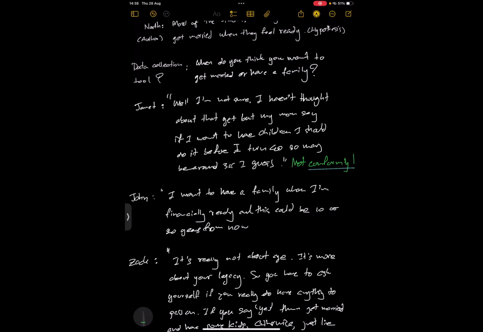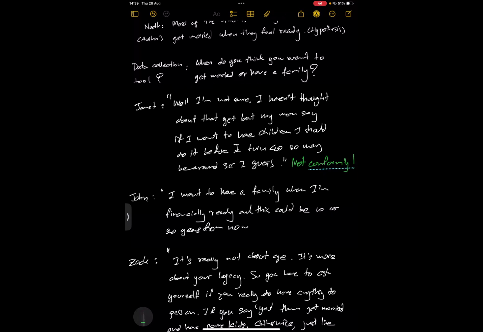I want to have a family when I'm financially ready. And this could be 10 or 20 years from now. Suppose he's 18 years of age when I interview him. 10 years from now means 28, or 20 years from now could mean 38. But that's not when he's going to get married.